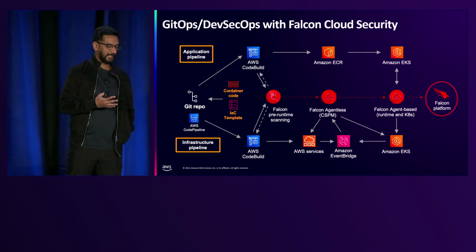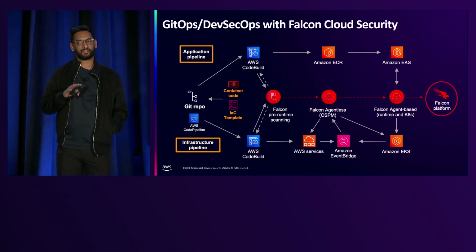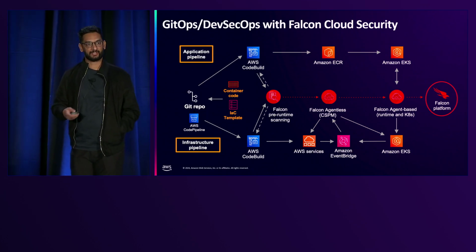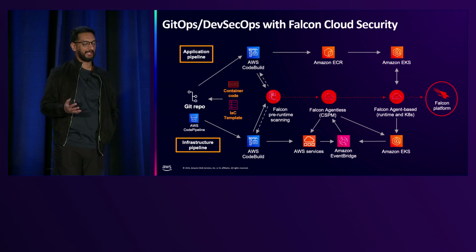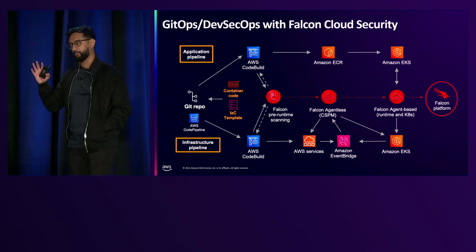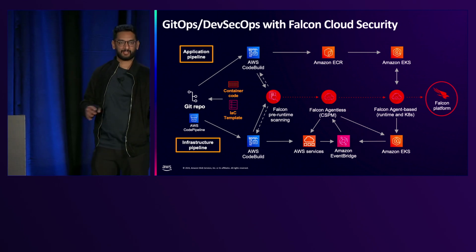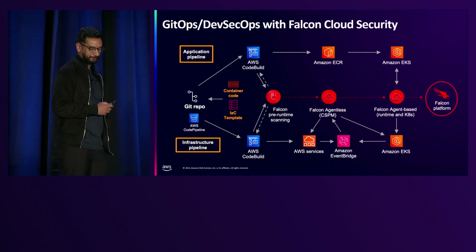Now, the entire life cycle, of course, is once the specific container gets scanned and passes the checks that you have in place through a policy, it then gets pushed into EKS, where we have monitoring in place with both agentless and agent-based configuration and security.